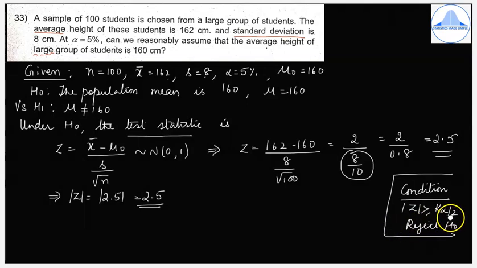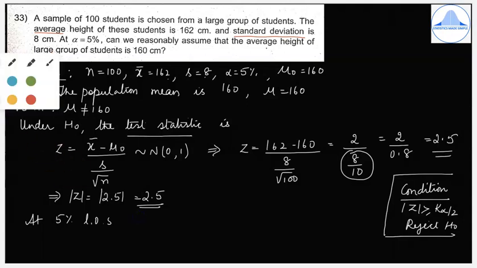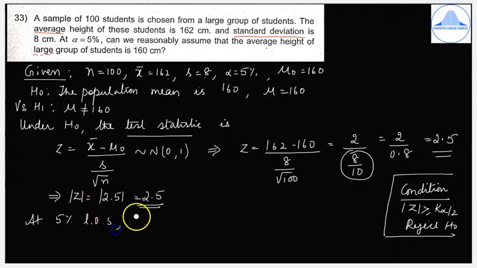Next we need k alpha by 2. At 5% level of significance, the value of k alpha by 2, which is nothing but the table value, is equal to 1.96.